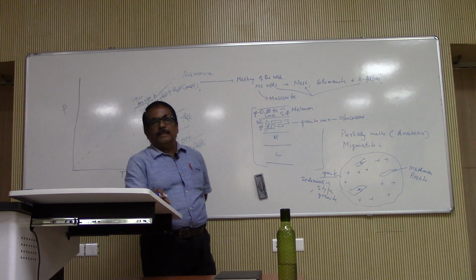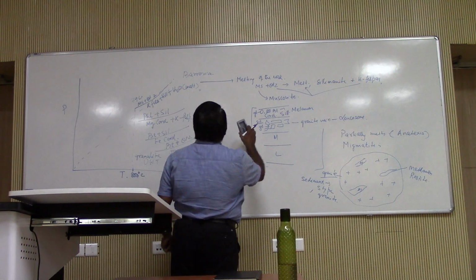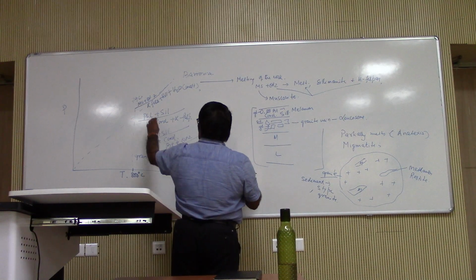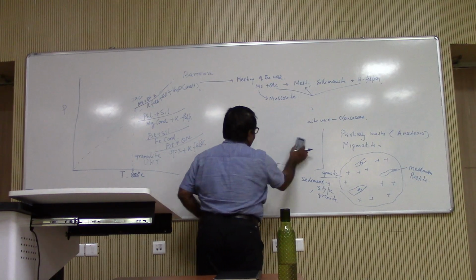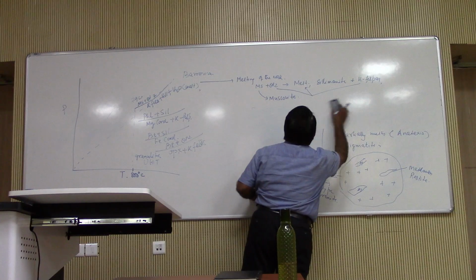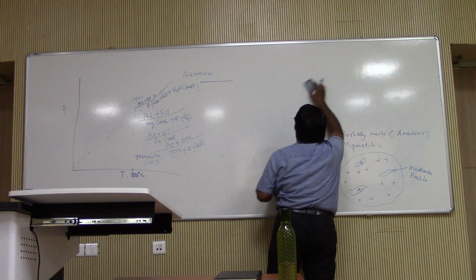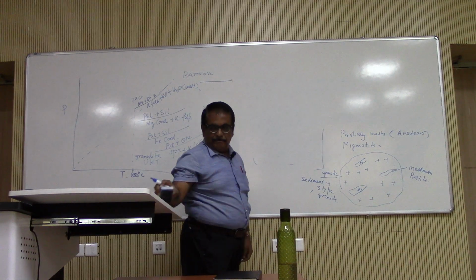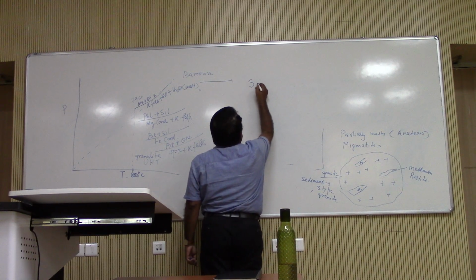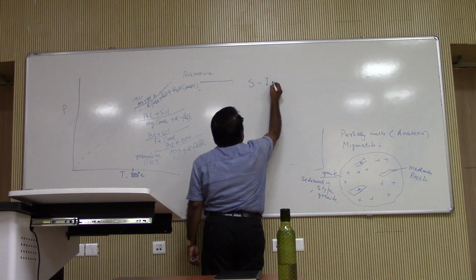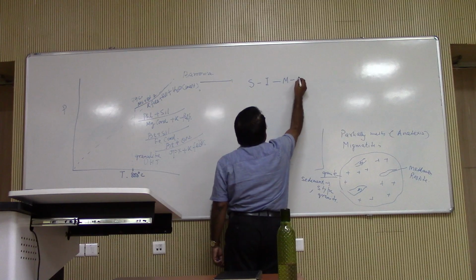Understood now? Since we are discussing the granite, before going to this next topic, I'll just tell you, because many times a question may come in some exam. There are different types of granite: I-type granite, then M-type granite, A-type granite.